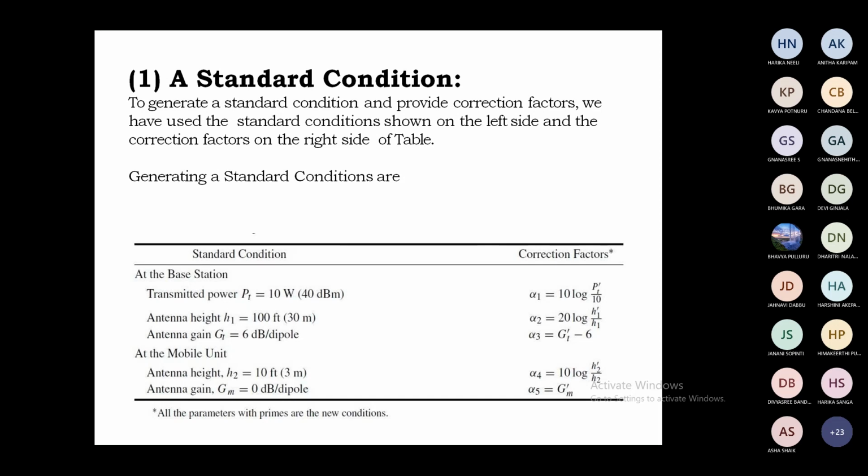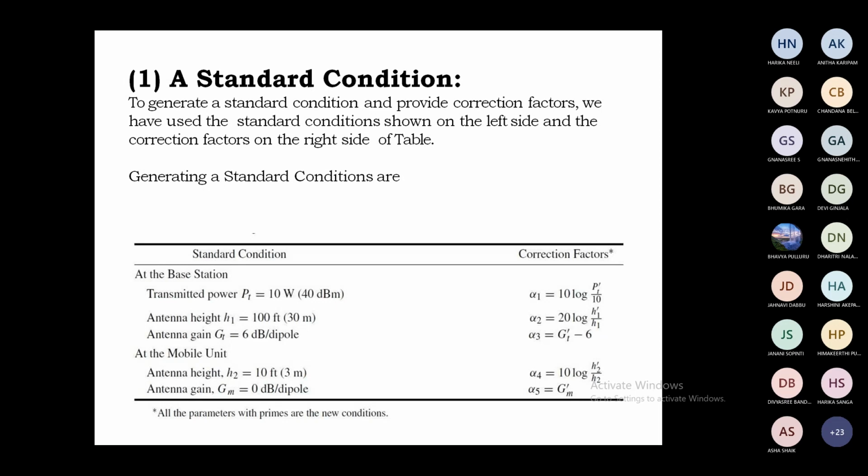Suppose we have to change the power to greater than or less than 10 watts. Here, what is the correction factor? Alpha 1 is the correction factor, which is equal to 10 log PT dash by 10. PT dash is nothing but how much we are changing, either increasing or decreasing the transmitted power.